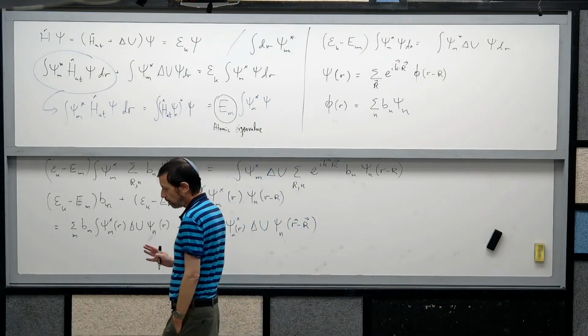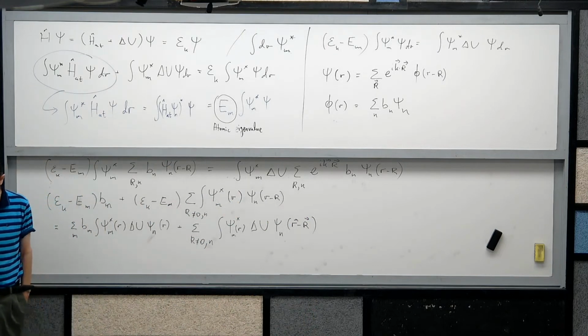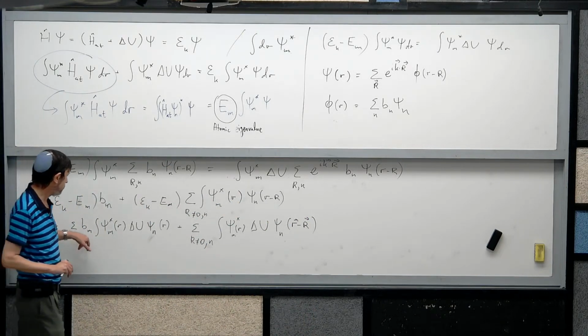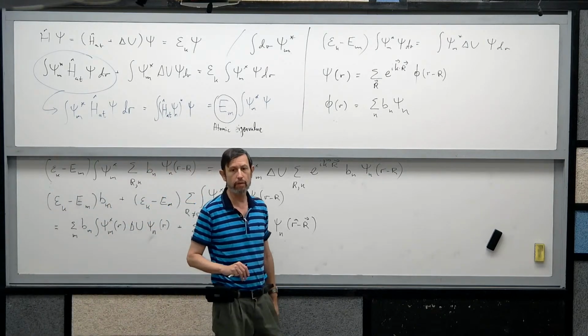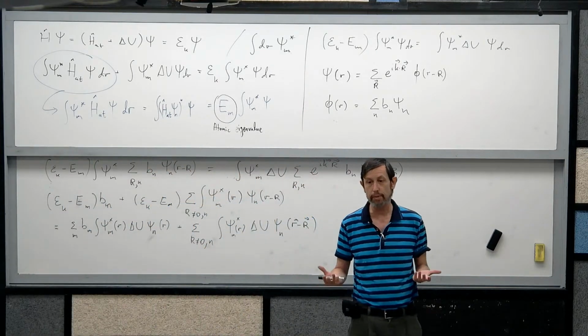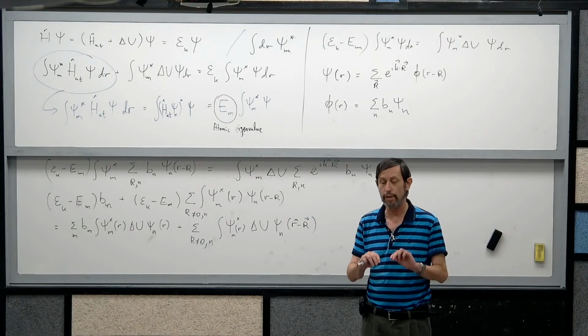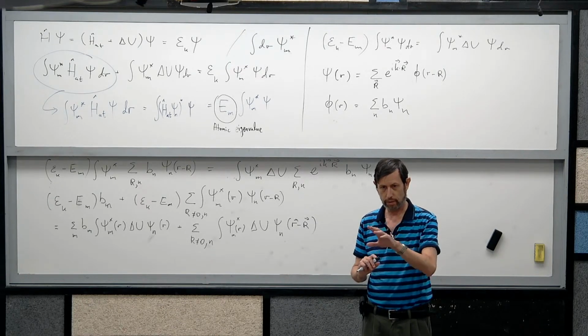So first of all, the first approximation that I'll do here, I'll get rid of the summation over different m's and say I'm looking only over one level. Questions?